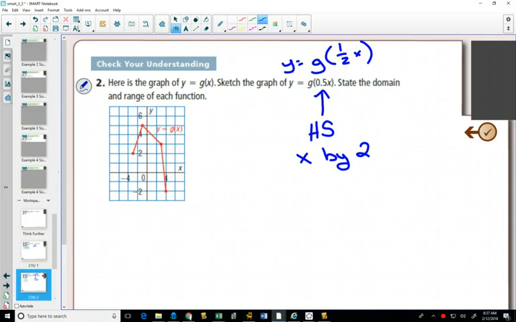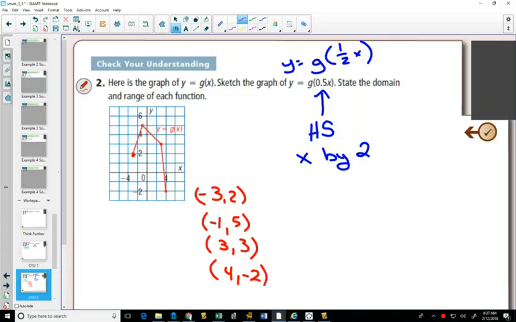So we're going to take our key points from our original graph. We have the point -3, 2. That's this one right here. We've got -1, 5, 3, 3, and 4, -2. Those are the 4 points on our original graph.